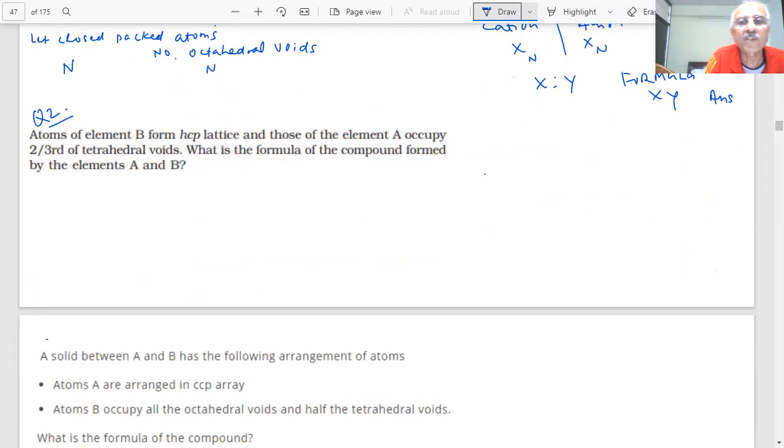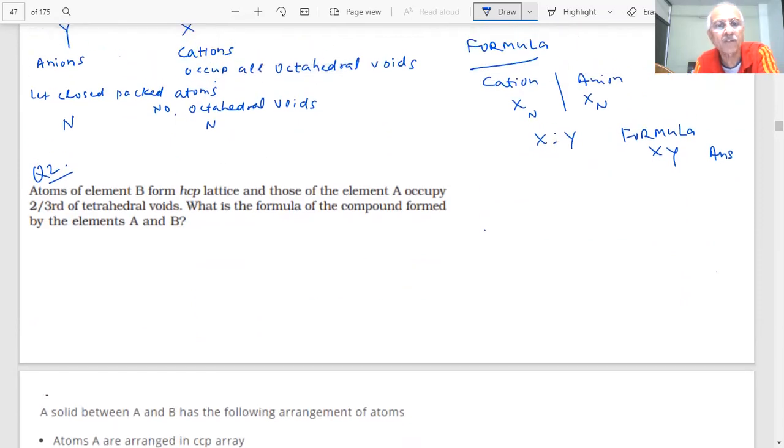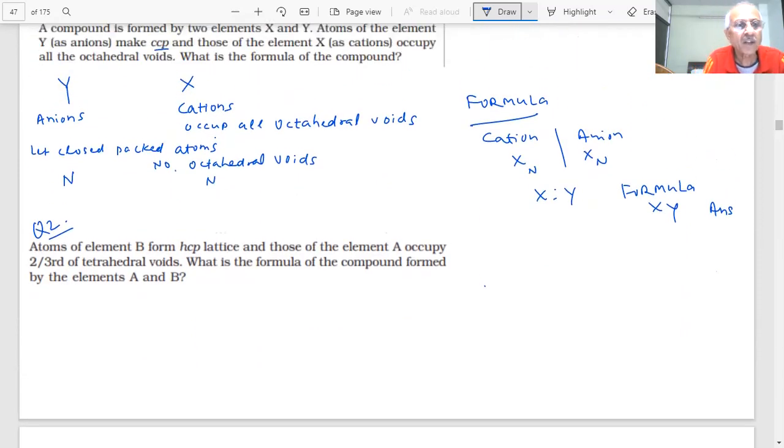You have 1 minute to answer this question, student. It says atoms of element B form HCP. That means B is larger in size. The larger particles are occupying the HCP lattice. And those of element A occupy 2/3 of tetrahedral voids.